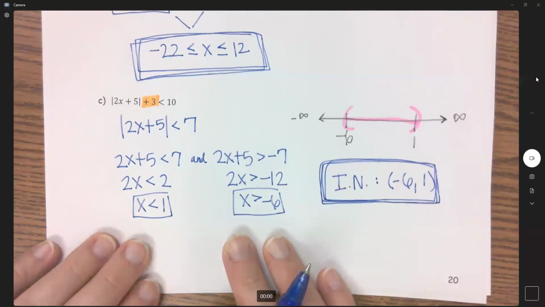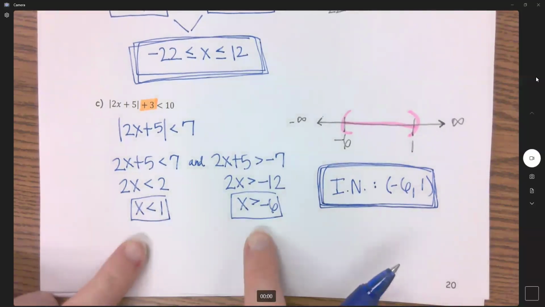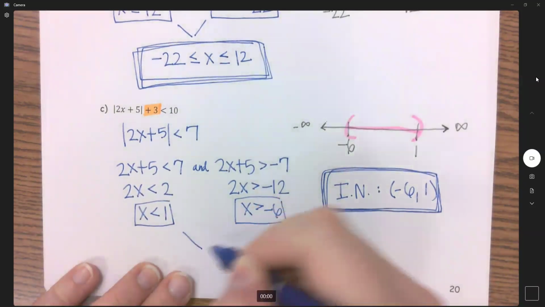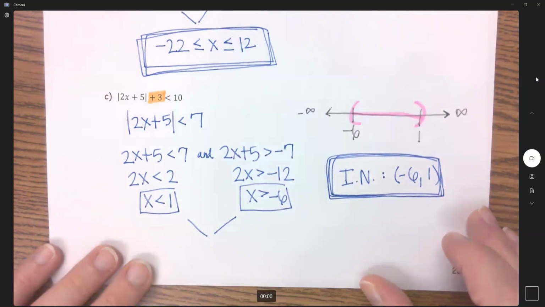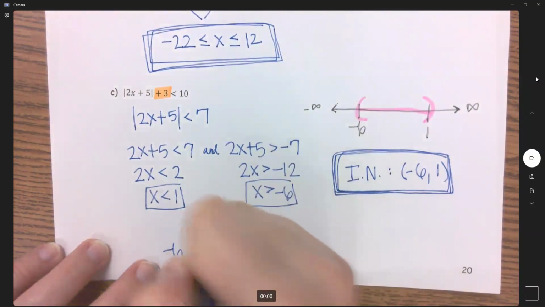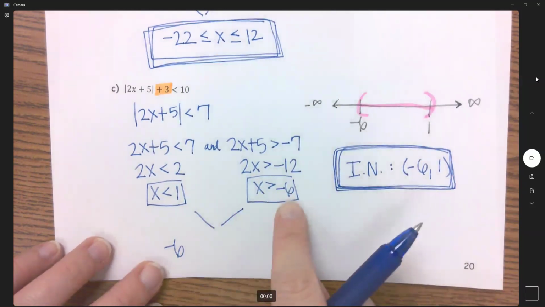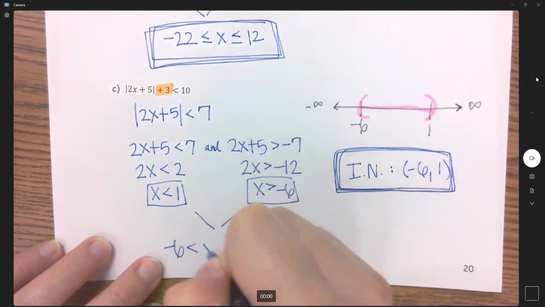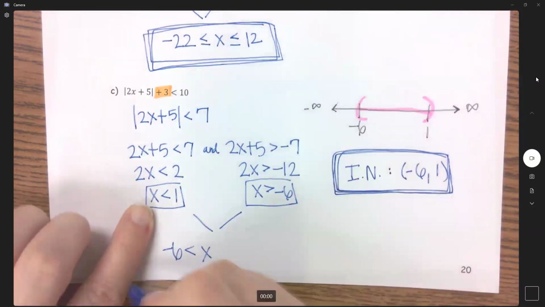Now, if we need to write this as an inequality, for the record, I am fine with this right here, but just in case my math lab wants this as a compound inequality, okay, these always need to be least to greatest. So we're going to start with negative 6. And so because negative 6 is coming first, I have to flip this symbol. And now this one's in the right order.